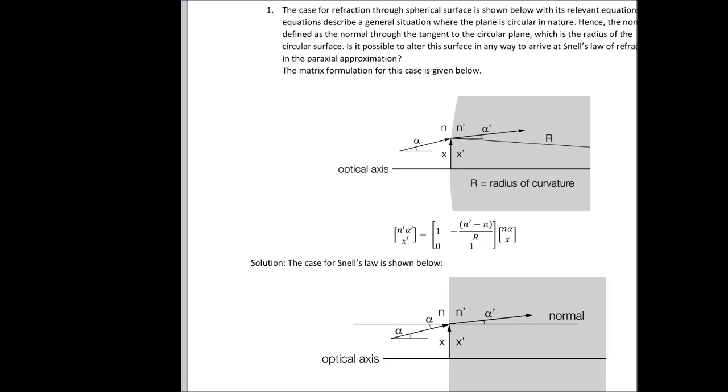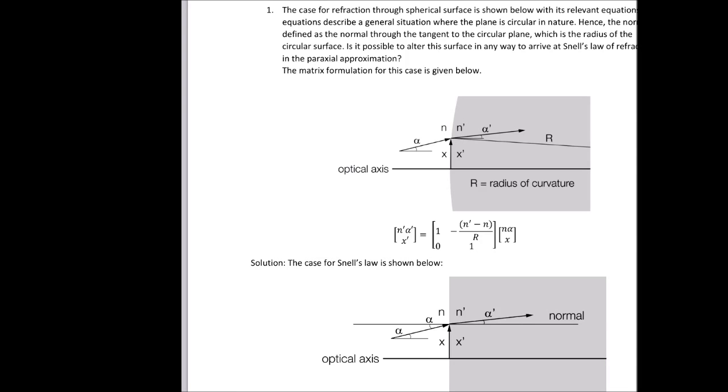So what this is saying is the case for refraction through a spherical surface is shown below with its relevant equations. The equations describe a general situation where the plane is circular in nature. Hence the normal is defined as the normal to the tangent to the circular plane, which is the radius of the circular surface.